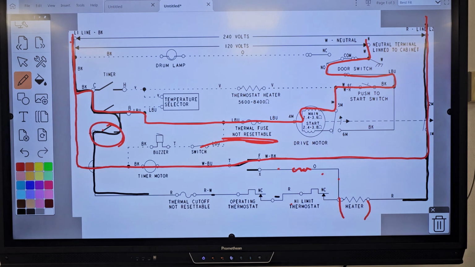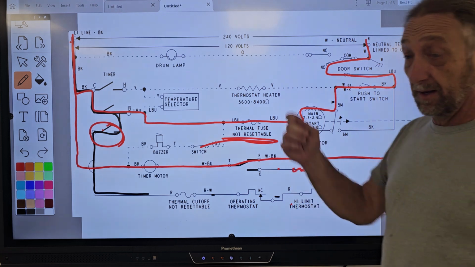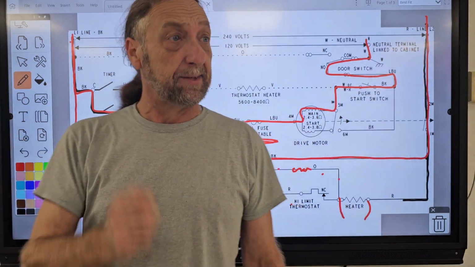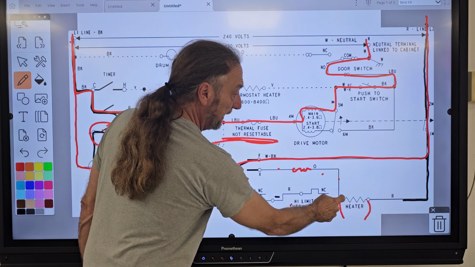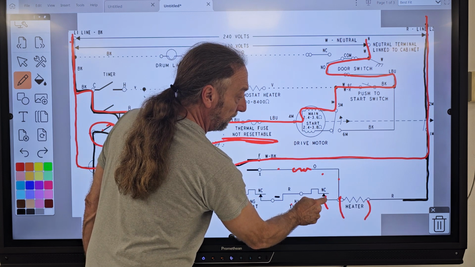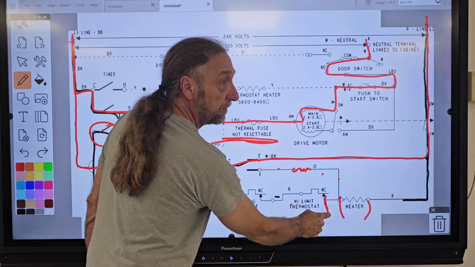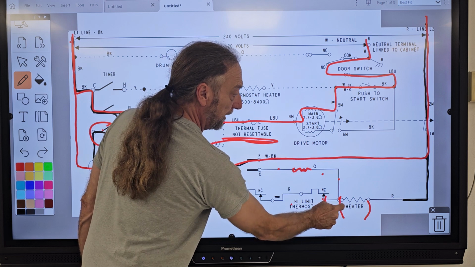Take one of your meter leads and keep going back. You only take one meter lead and slowly go back to the next point on the diagram closest to where you are. Because I'm on the heater, I'm just going to move it over here to the thermostat. What if I have voltage here but I don't have voltage there?